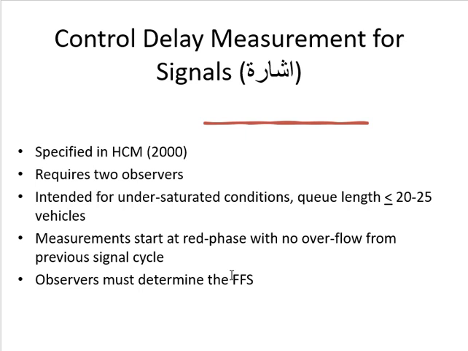Now, the measurement of control delay at signals. We follow a procedure given in the Highway Capacity Manual of 2000, the year. This method requires two observers for each direction. There are different directions at the intersection, and every direction needs two people for delay measurement.